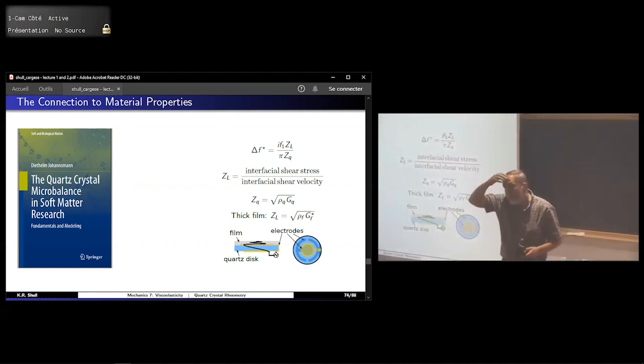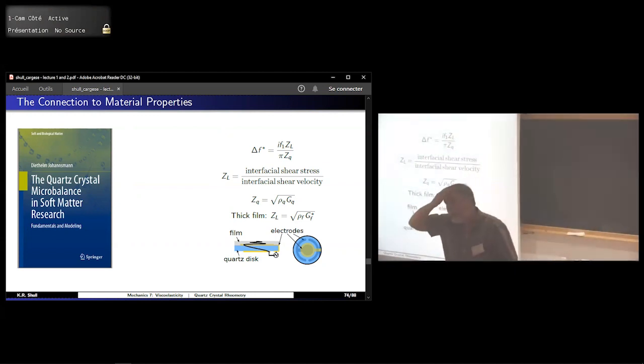Yeah. How do you deal with the penetration depth in the material? At such a high frequency, the material needs to be very thin to be affected by the mechanical shear. Yeah, I didn't get all that. You're asking about the thickness?